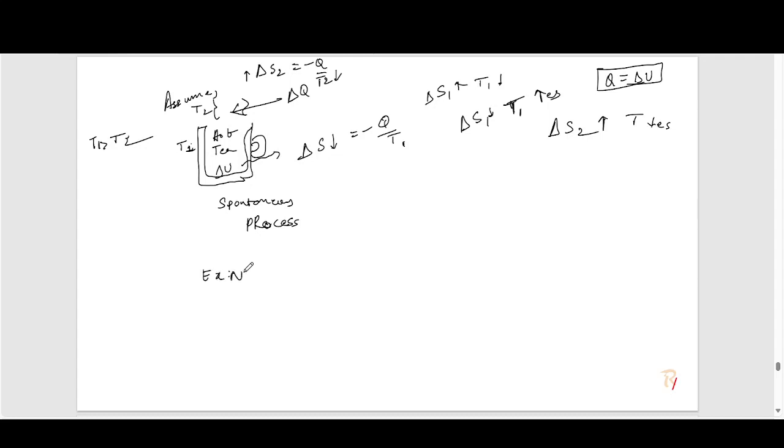An example of non-spontaneous is tea. Therefore, here we get del Q from the outside of the T2. Here in T, the del Q is like this, since it was non-spontaneous. Here, spontaneous occurred naturally.